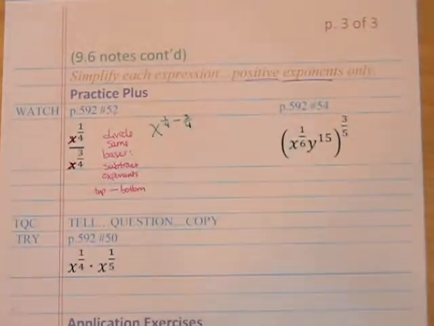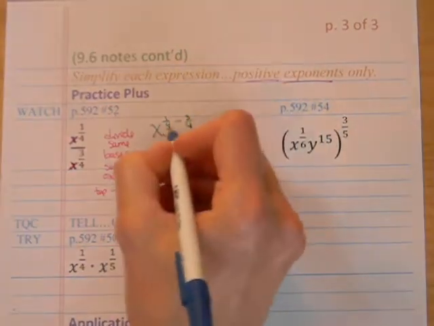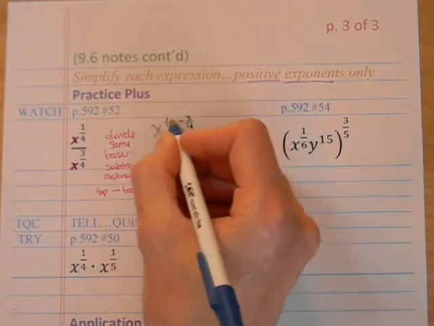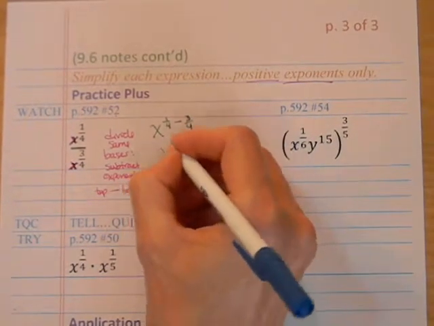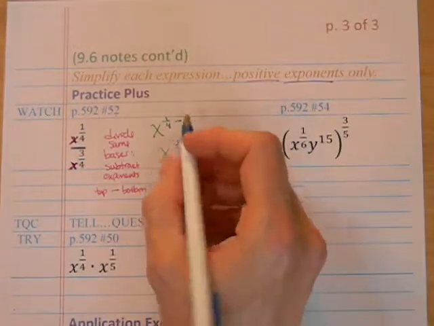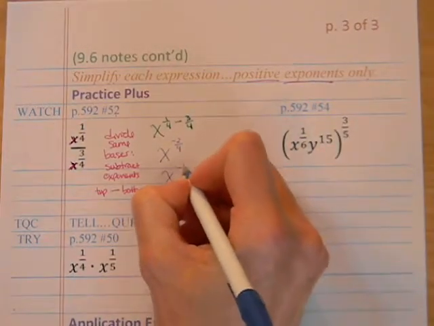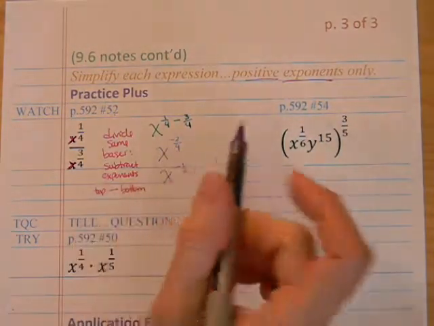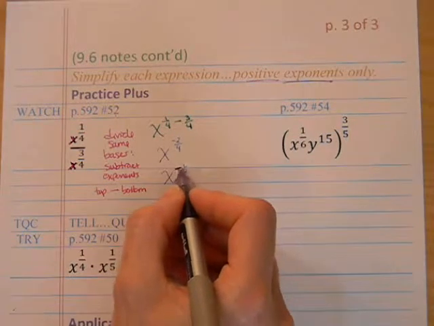In this case, 1/4 minus 3/4, you've got common denominators, so it's just numerator minus the numerator. 1 minus 3 is -2, so you get x to the -2/4. Or that might be simplified as x to the -1/2. But again, we want to finish with positive exponents. So the negative flips the base.